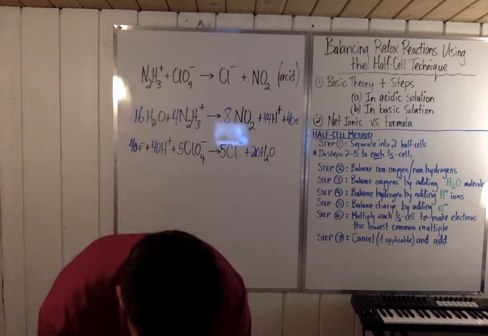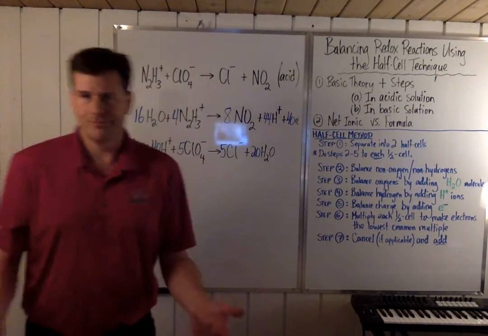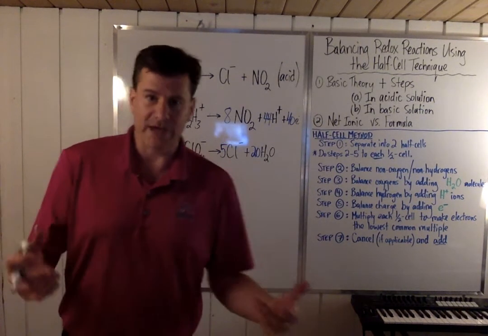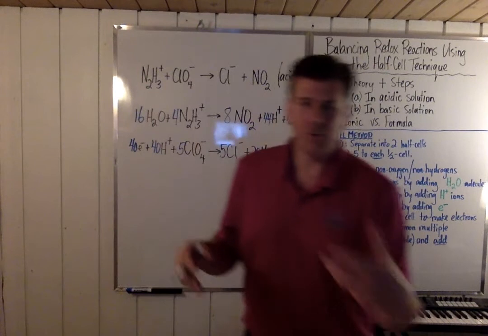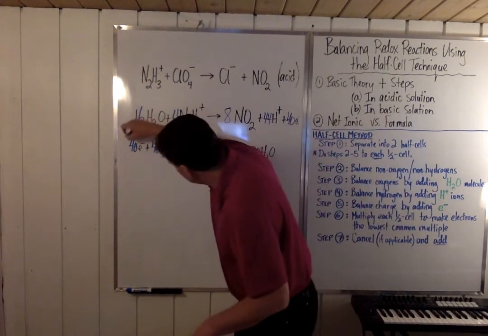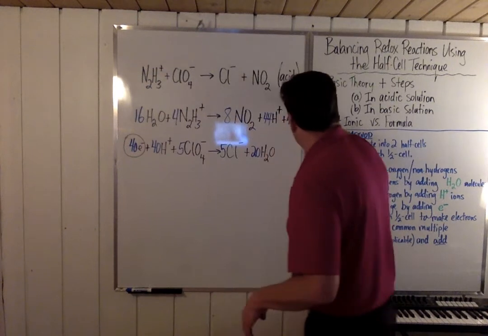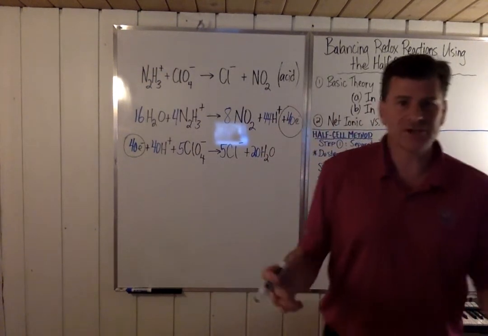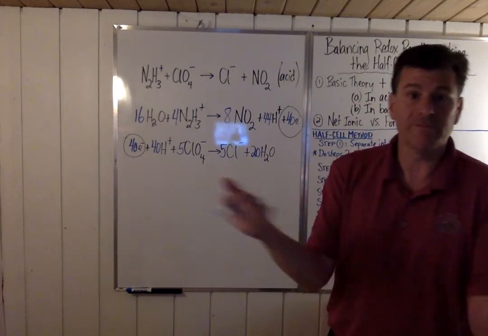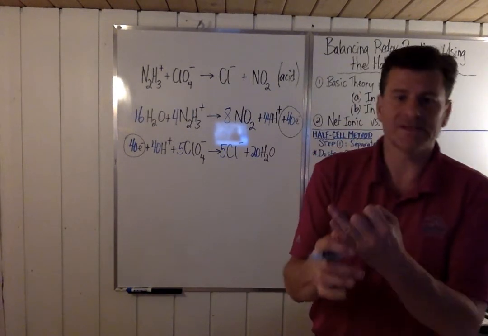Now what do I do? Okay, so now I have these two half reactions, and the critical point is you can't do the final step until you see that your electrons are the same value, same magnitude, 40 in this case, but on opposite sides.